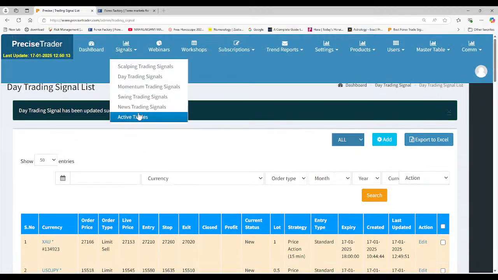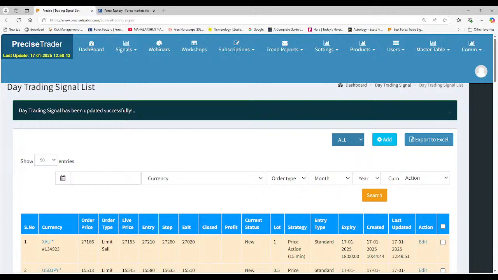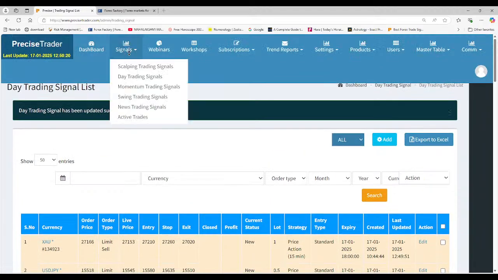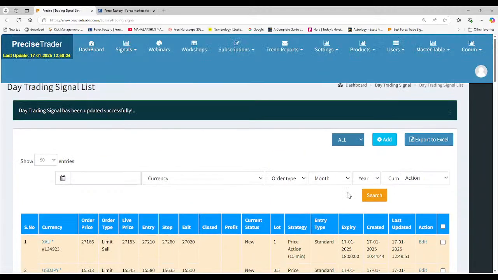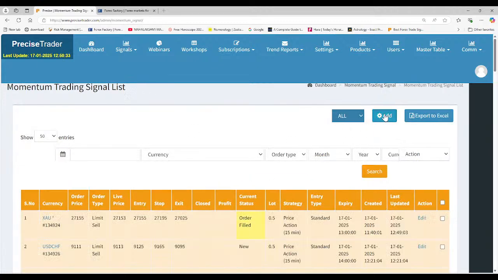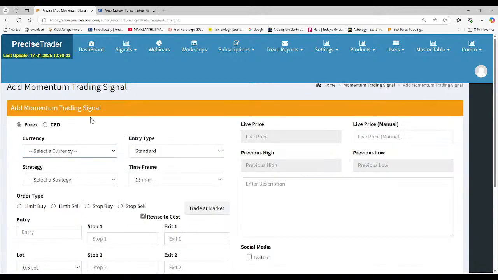Since we have already taken a trade on the gold, we would go for a stop sell.